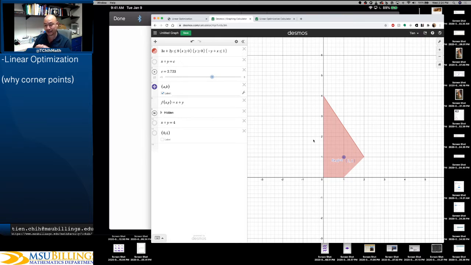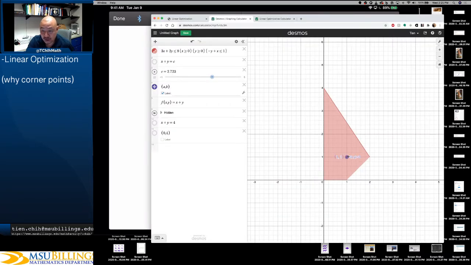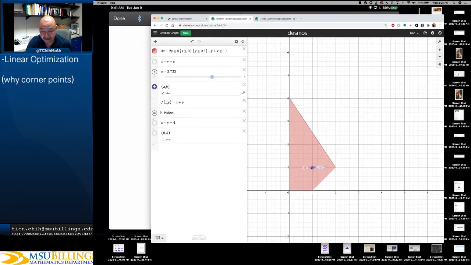And what we note is that if I take, like right now, 1, 1, the output of my linear function was 2. Remember, the thing we're trying to maximize is x plus y, right? So if I go to like 1, 2 or thereabouts, I should get outputs that are close to 3, right?